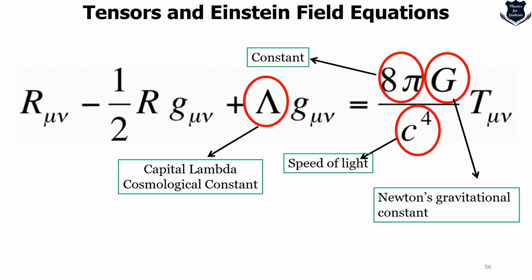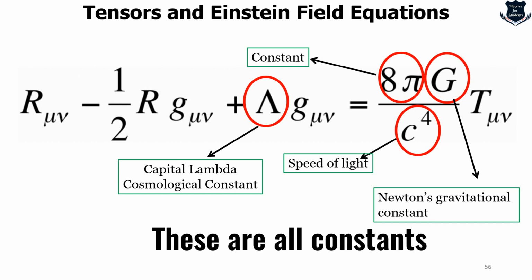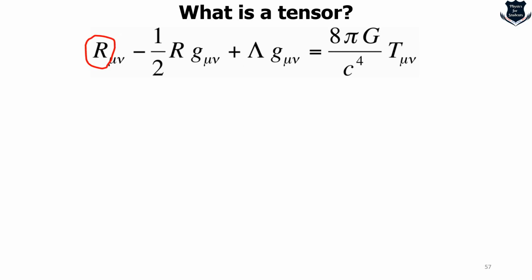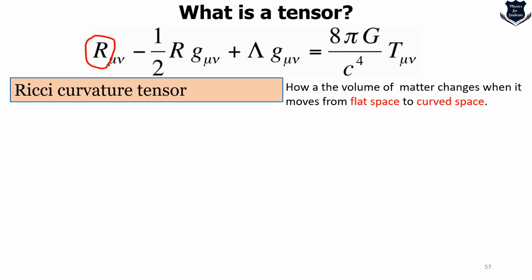Now, what remains unknown are these factors, which are variables or which we really don't know. Here I would like to quickly explain what those factors are, although I have explained it many times in detail. So these are all constants. What becomes important is the first R, which is called the Ricci curvature tensor. It's a measurement of how things actually change from flat space to curved space.